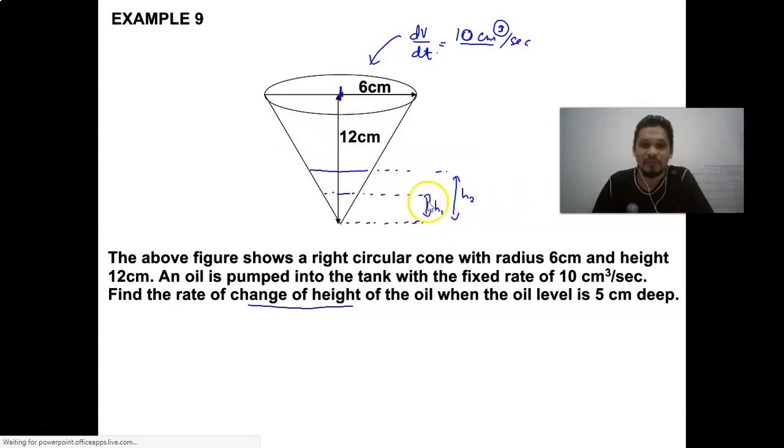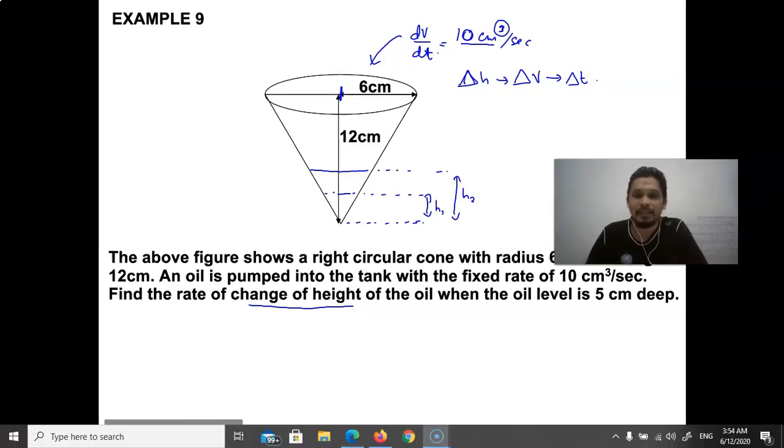So the changes of the height give you the changes of the volume inside this tank with respect to the time. If I can come up with the changes of the height, then it also gives us the changes of the volume with respect to the time.